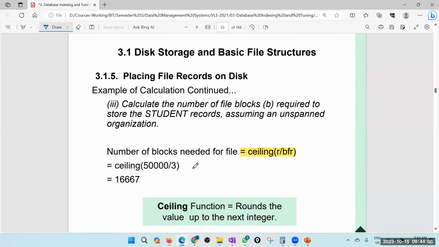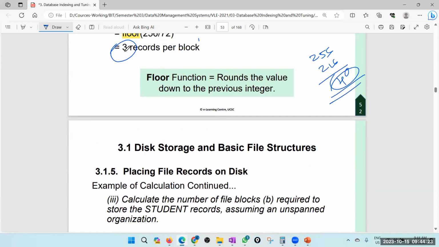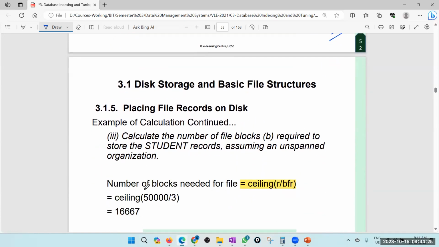Now you ceiling it, because if you get something like 100.2, that means you need 101 blocks. Then you ceiling it. This is the number of blocks needed in this case: 16,667 blocks.